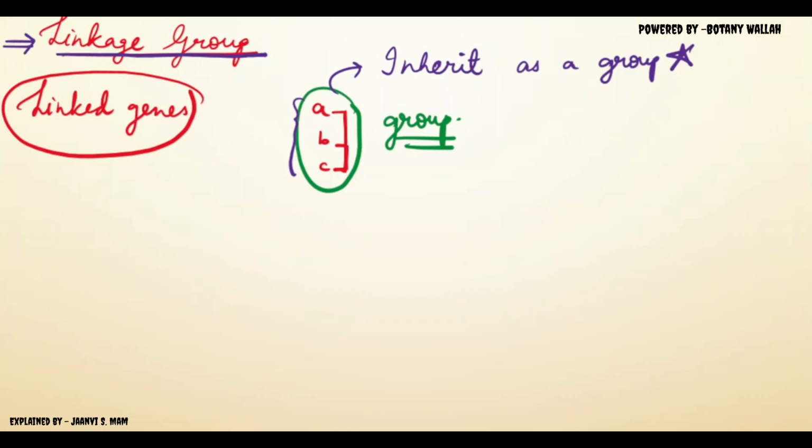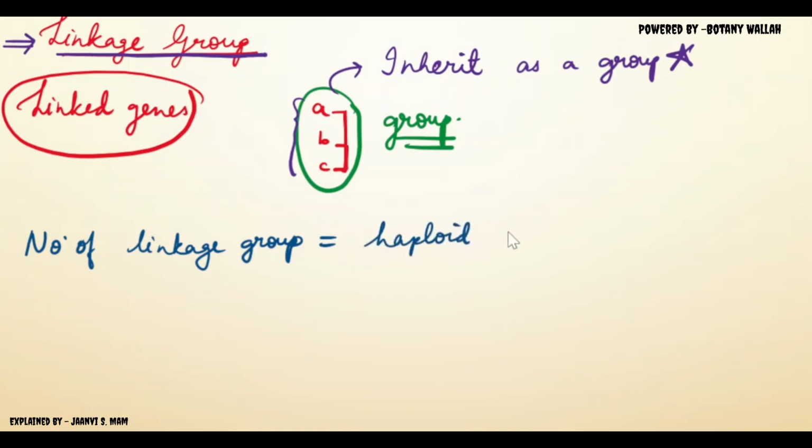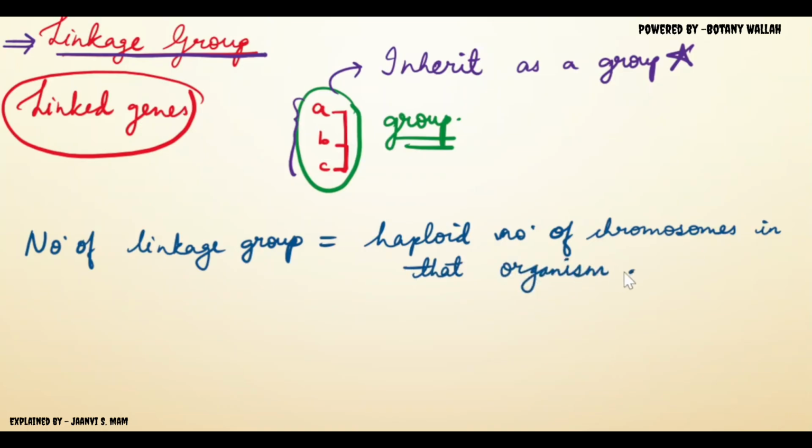I will tell you this formula: the number of linkage groups is always equal to the haploid number of chromosomes in that organism.